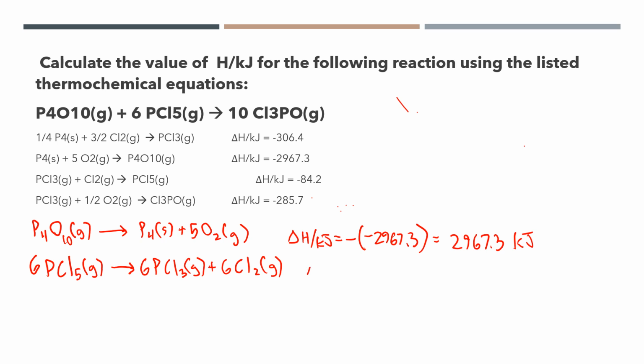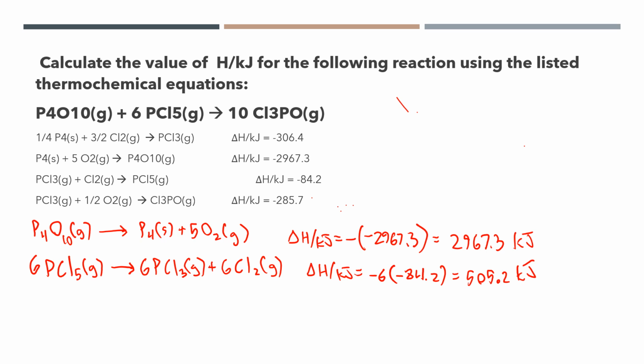And so we take our other thing, we times that by -6. And let's see, what was it? It was -84.2. So that's going to get us 505.2.